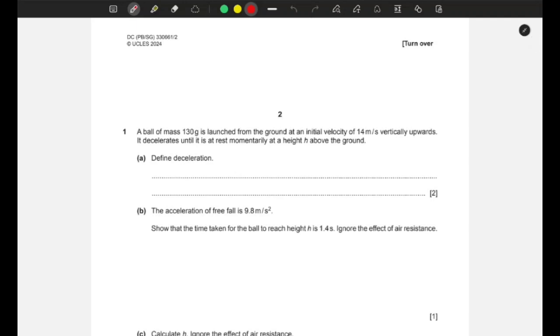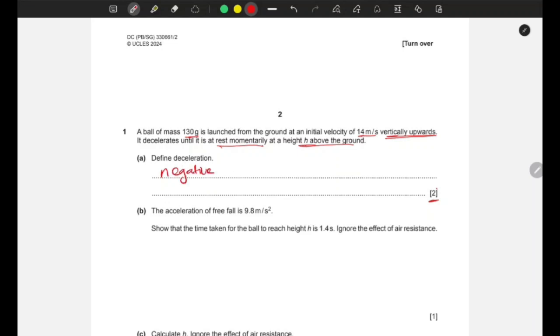A ball of mass 130 grams is launched from the ground at an initial velocity of 14 meters per second vertically upwards. It decelerates until it's at rest momentarily at a height h above the ground. Define deceleration. One way we can define deceleration is as negative acceleration, but since it's 2 marks, we should also define what acceleration is.